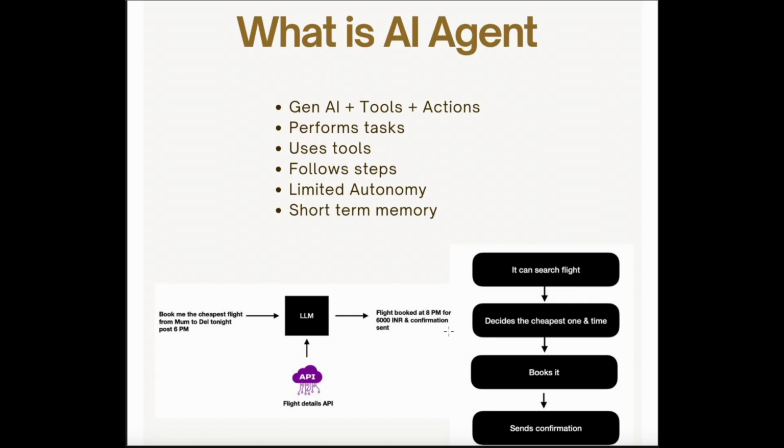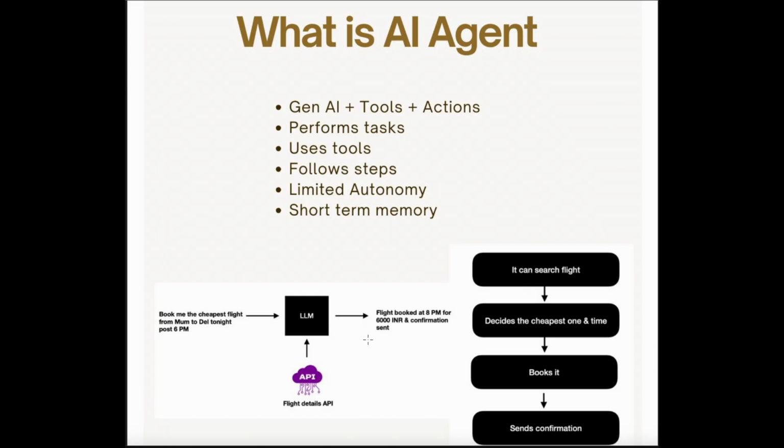In the previous Gen AI example it could only list, but here it went one step further and decided on its own which is the cheapest, and based on the time frame we mentioned, post 6 p.m., it chose the 8 p.m. slot and booked the flight. So this is how an AI agent can do a little more than Gen AI, using some tools, having short-term memory and limited autonomy.